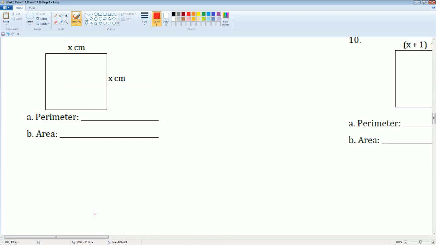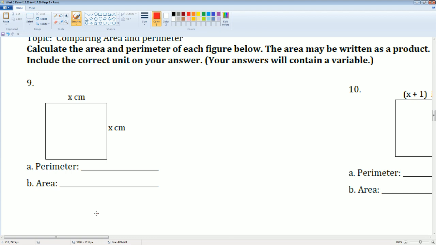So let's go down here. Let's do this one. Okay? All right. So, perimeter. And again, this is a square. So, this is just the units.